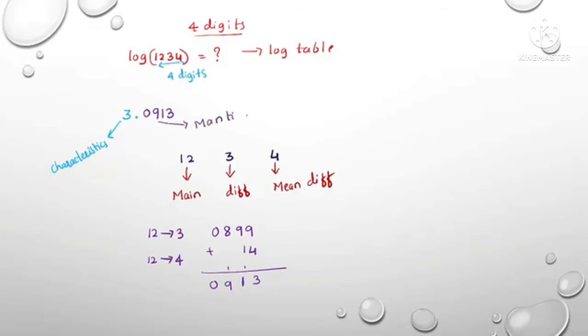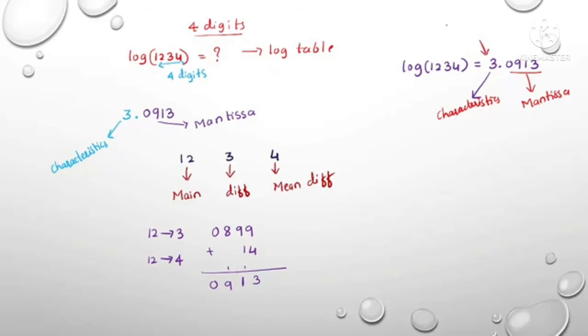Characteristic is always on the left side of the decimal point. Mantissa is always on the right side of the decimal point. See, the question is log of 1234 is equal to, what is the final answer? 3.0913. So this 3 is called the characteristic and this 0913 is called the mantissa.